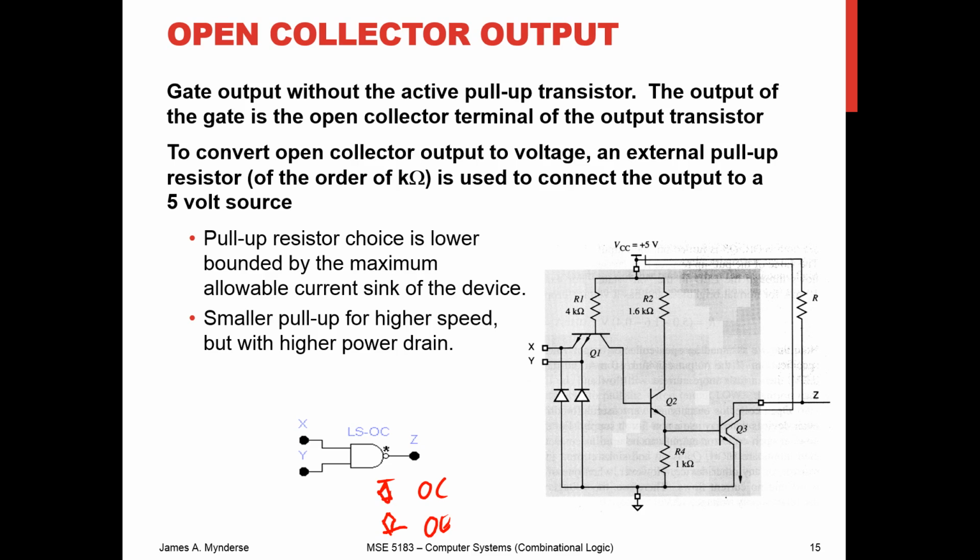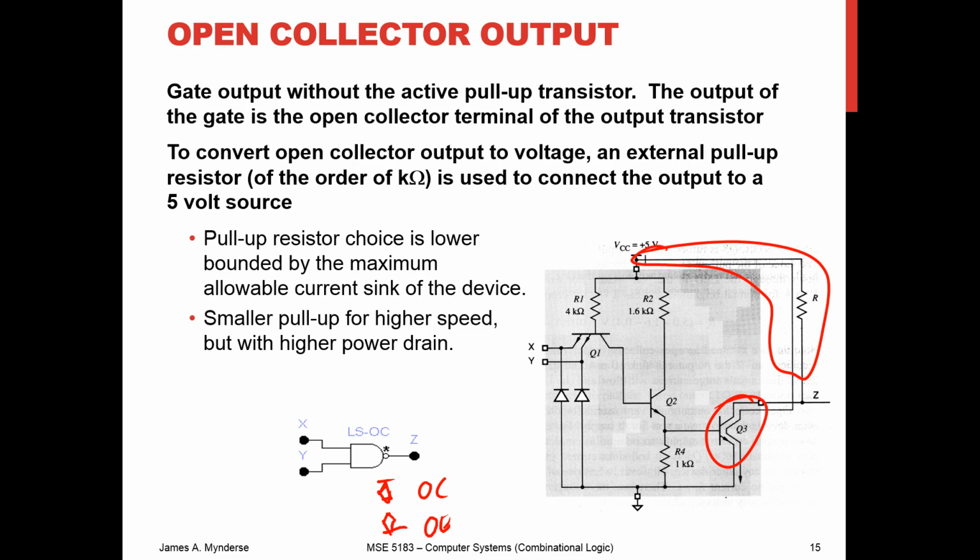And so we might add this external resistor as a pull-up. So thinking about this, well, how does this work? This means that we have to worry about the current flow again, because the current flow through that resistor is going to determine the current flow through the transistor, and so we want to make sure that we are considering what the maximum current through that transistor is going to be. So what's the maximum current flow through Q3?